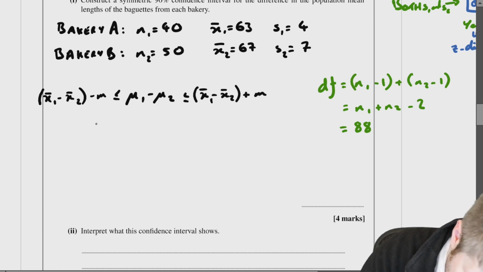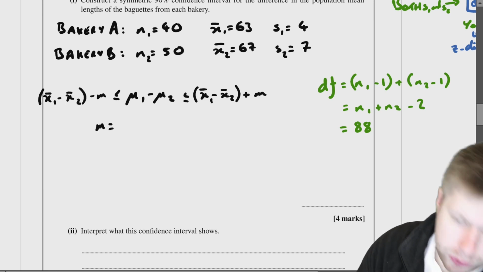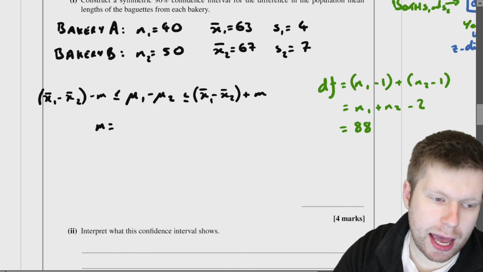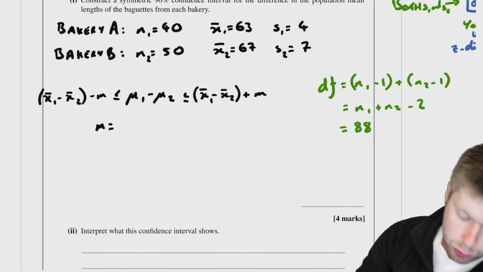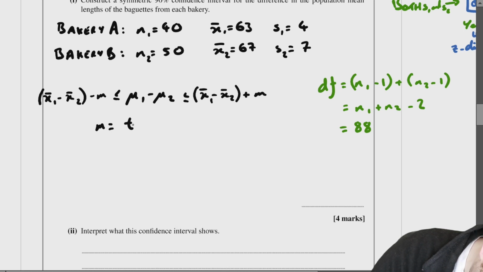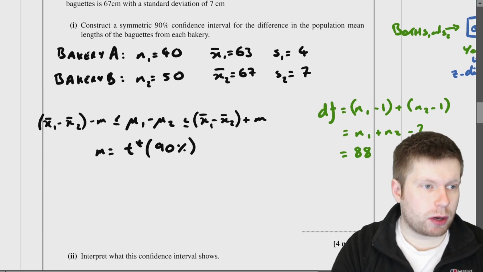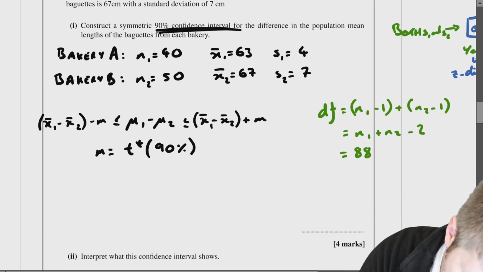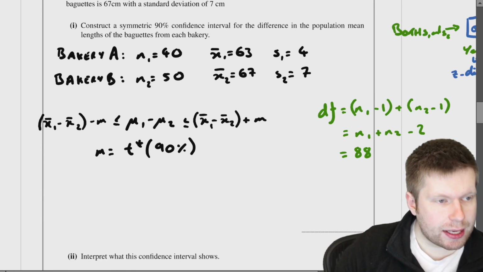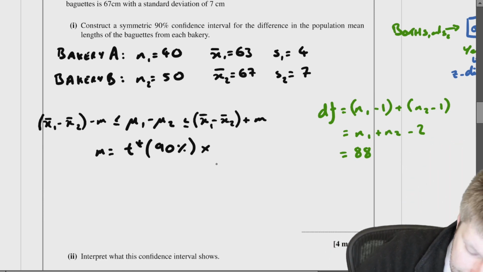Now the margin of error is going to be ever so slightly different to before, so this is where you need to be careful. It's still going to be using the t distribution. I still need to look at how many units of standard deviation will include 90% of my data, because I'm asking for a 90% confidence interval. However, I'm going to multiply it by the standard error.